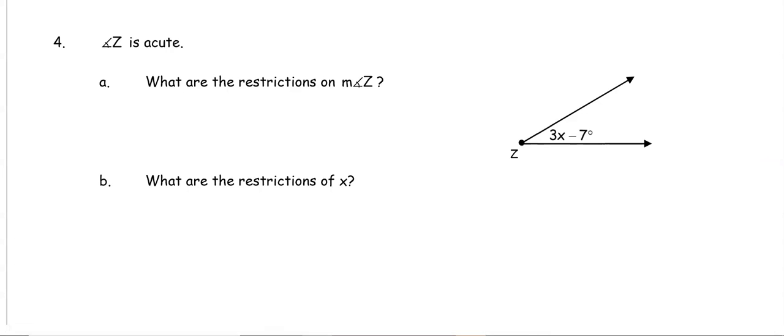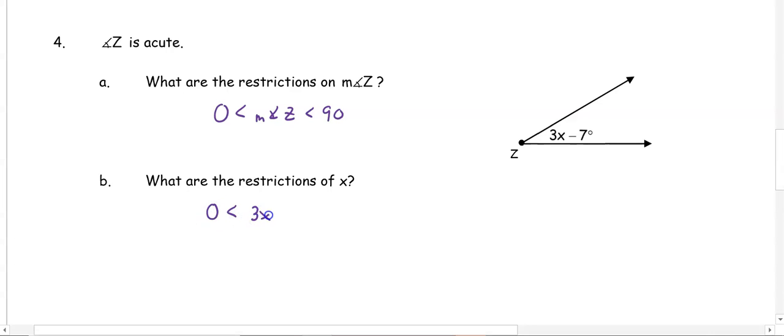Number 4, angle Z is acute. What are the restrictions on angle Z? So remember, if you have an acute angle, it has to be between 0 and 90. So we would say 0 is less than the measure of angle Z, which is less than 90. What are the restrictions on x? So we're going to put 3x minus 7 in place of the measure of angle Z. So we have 0 is less than 3x minus 7, which is less than 90.